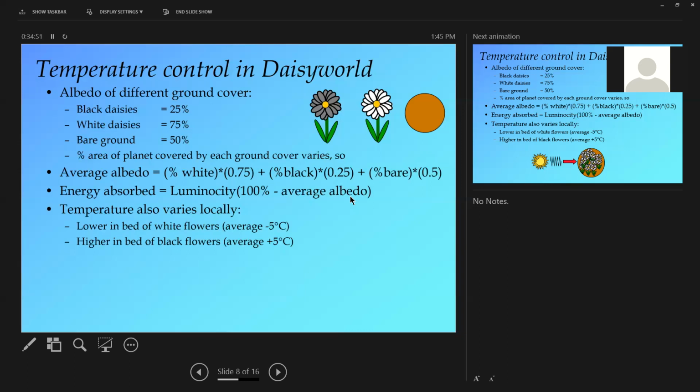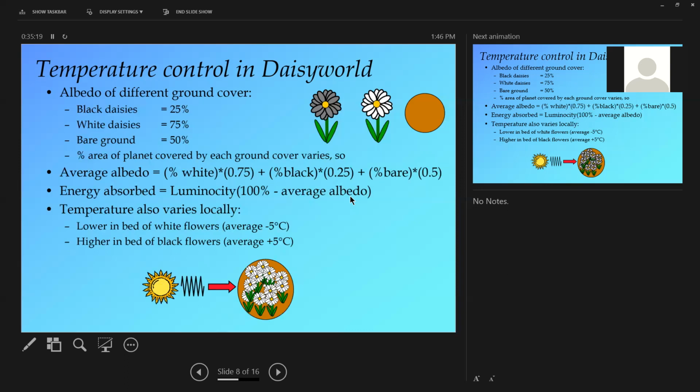So just depending on where you are on the planet, the daisies are experiencing slightly different environments, even though the planet as a whole might be a certain temperature. The localized temperature in a bed of black and white daisies is going to be distinct because of that sort of heat island effect, if you will.